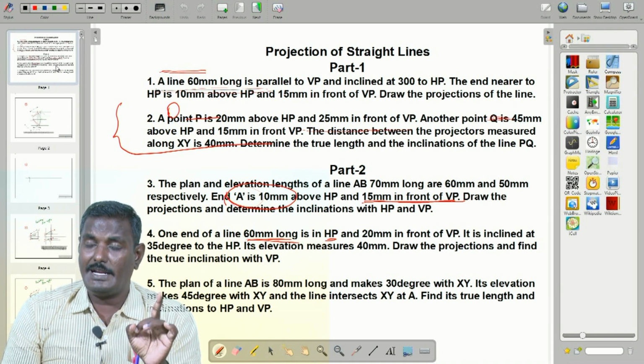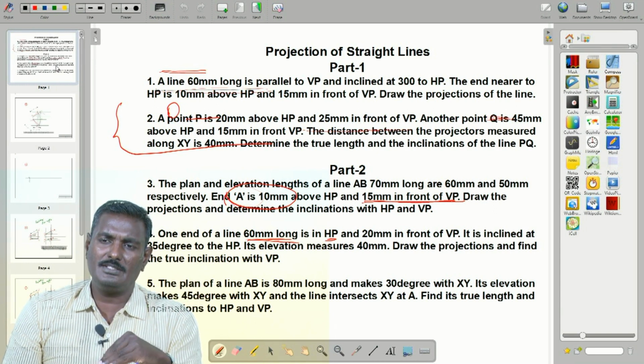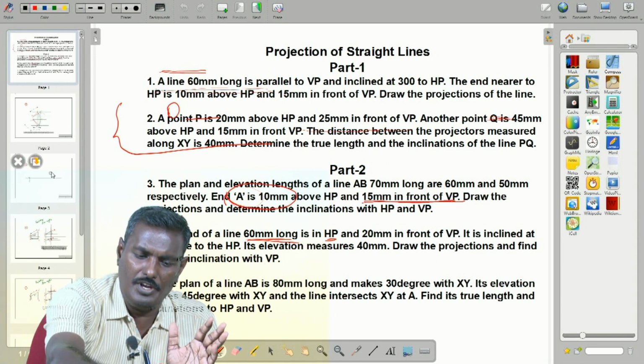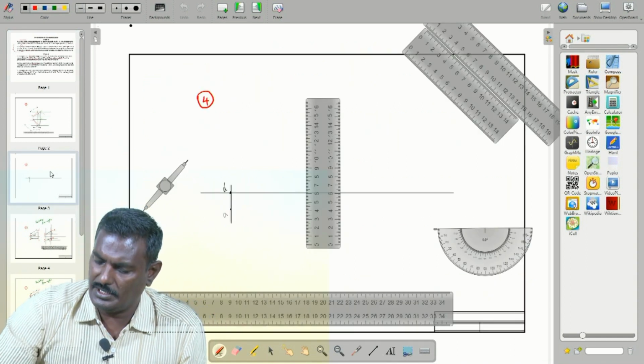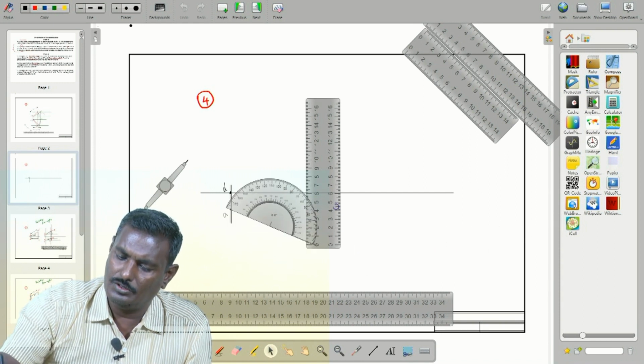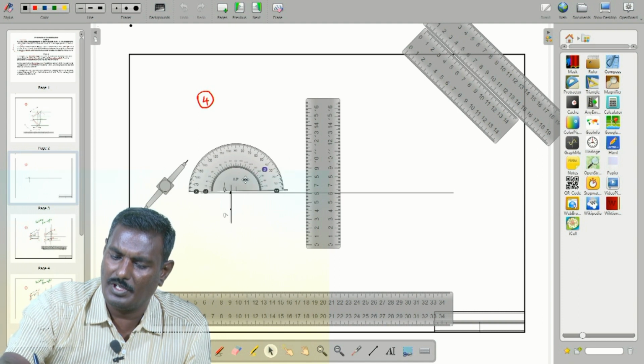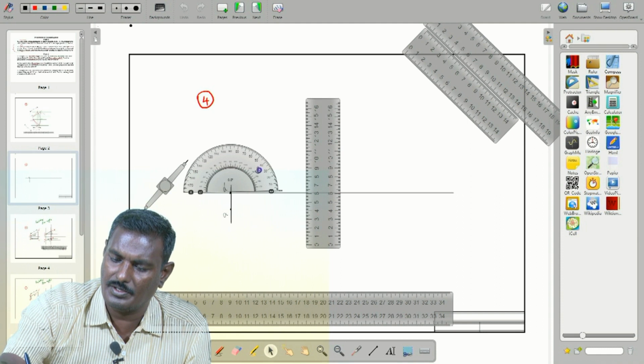It is inclined at 35 degree to HP, HP means above. So now we have to mark, take the circular protractor, and place the center point at A dash.